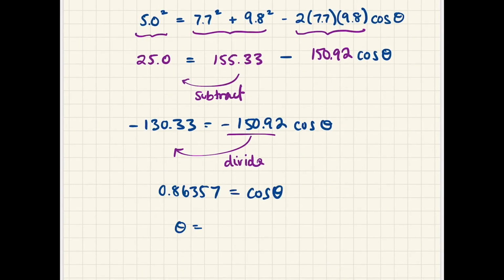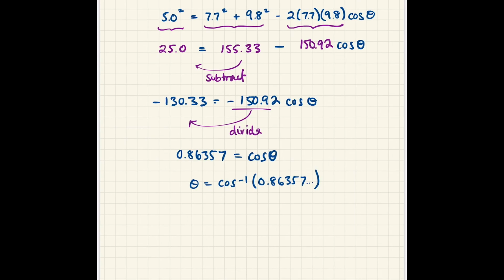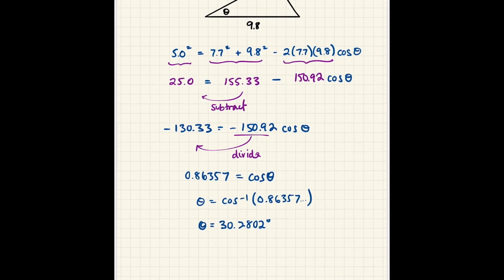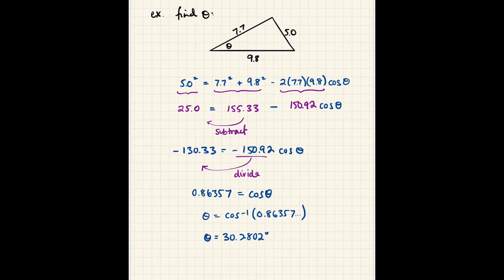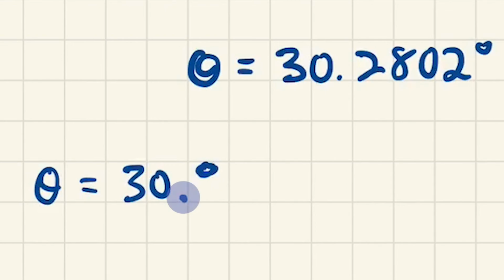And at this point, you can now use the inverse cosine function on that ratio. So I get 30.2802 degrees. Okay, so rounding it to the precision in the problem, we'll go with 30. So it's ambiguous whether 30 is one or two significant figures. In this case, it's two significant figures, and I'll just emphasize that by putting the little period right there.